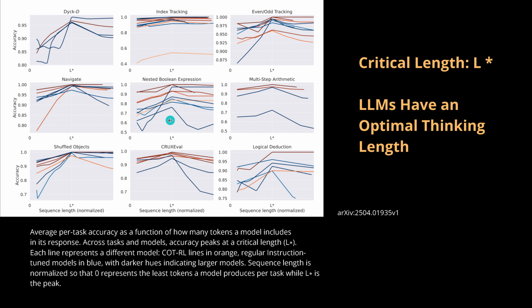So there is something happening here, this critical length, which we call L star. And they say they looked at all the different models, and all of them have this L star, a clearly identifiable, normalized sequence length. So we do have an optimal thinking length in test time scaling.